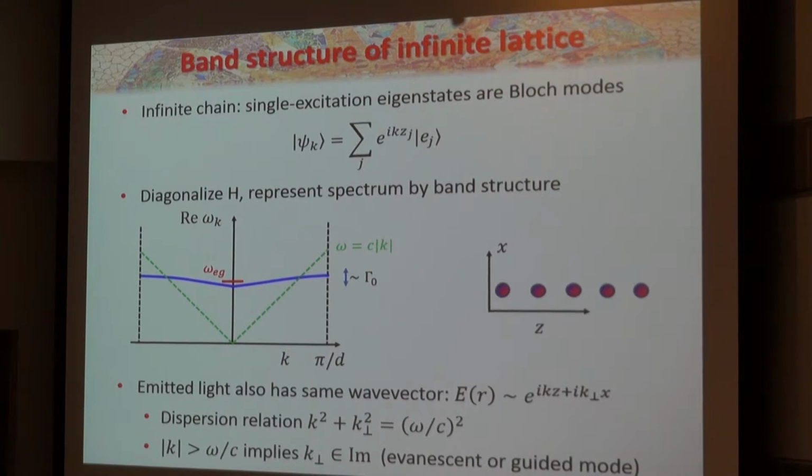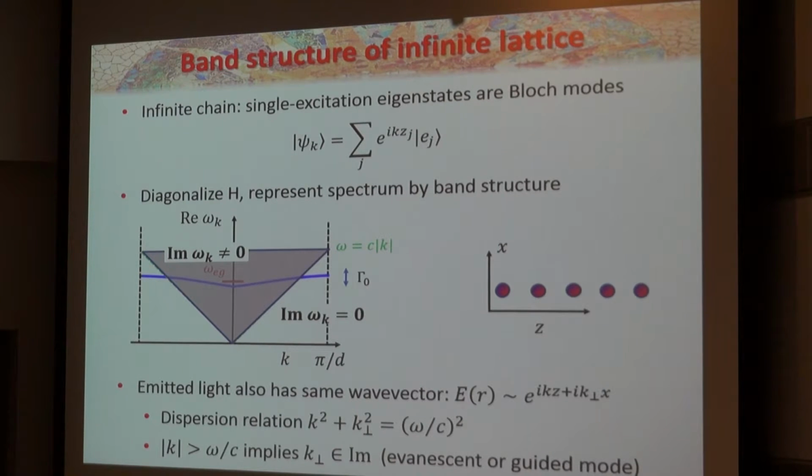And so what you see is that this line of omega equals ck separates two very different electromagnetic field solutions. In particular, if k itself is bigger than omega over c, that implies that k perpendicular has to be imaginary. In other words, the electric field has to be evanescent or guided in the transverse direction. So on this plot, the part of the dispersion relation that lives in this triangle, its decay rate really has to be 0.